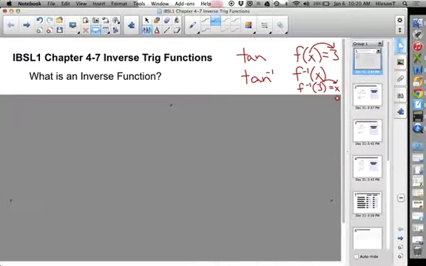No, what it does is the function and an inverse function undo each other. f of x is 3, so f inverse of 3 takes you back to the x. Okay?